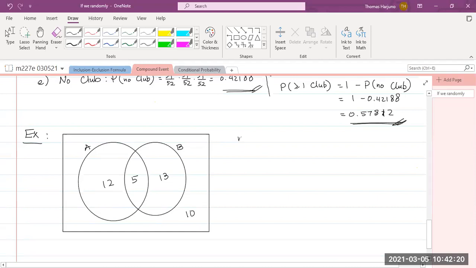So in total, the number of elements is 12 plus 5 plus 13 plus 10. That should be 40 in this case.